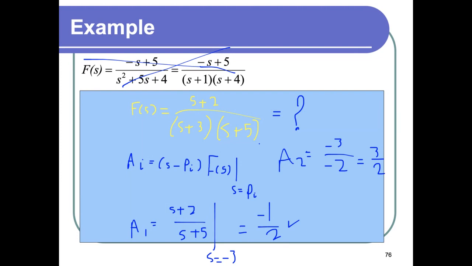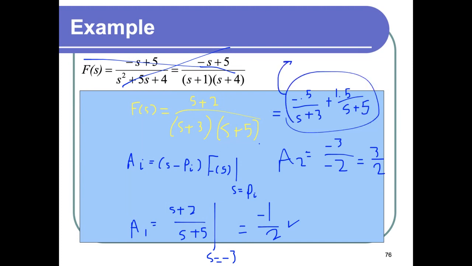So what is y of t in this case? What is the corresponding inverse Laplace transform? This is equal to minus 0.5 over s plus 3, and we have plus 1.5 over s plus 5. Can somebody do the inverse Laplace transform for me?